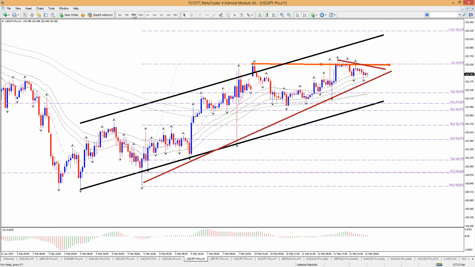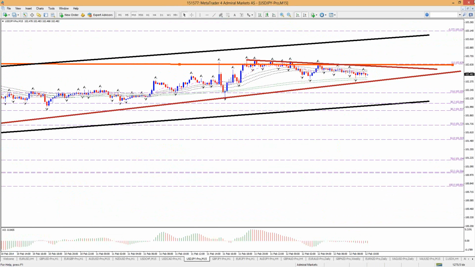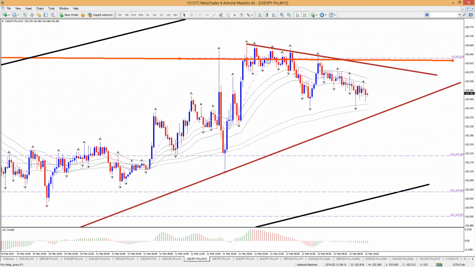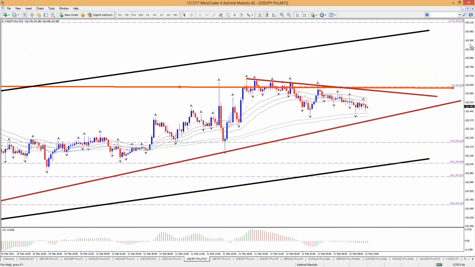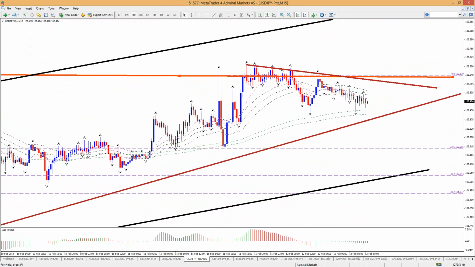Let's take a look at that on the 50-minute chart. The price is a bit choppy at the moment. That's good. That's called a consolidation, a corrective pattern. So the entry above these tops, in my opinion, at 102.72, with the stop loss just below there, I guess, at about 102.40.